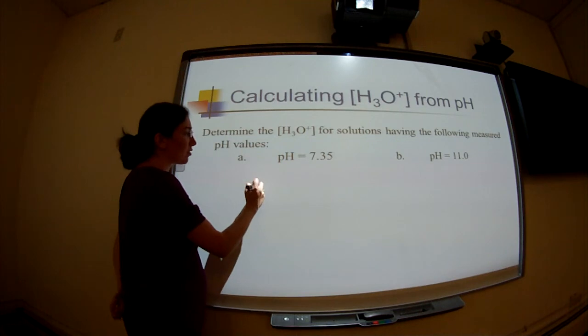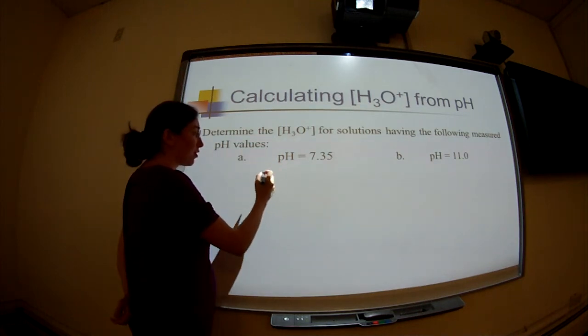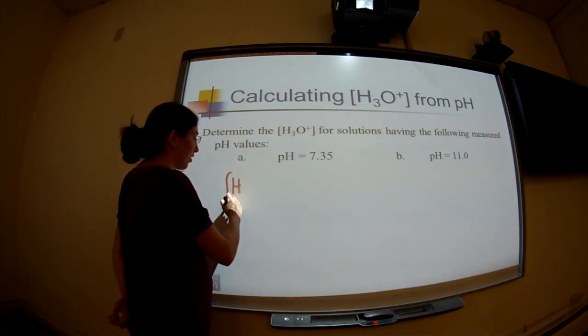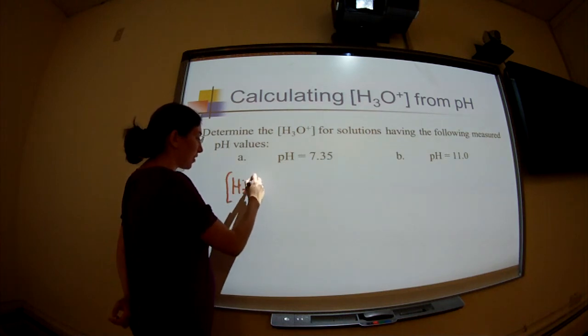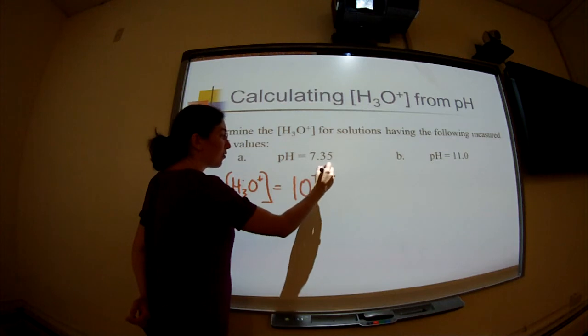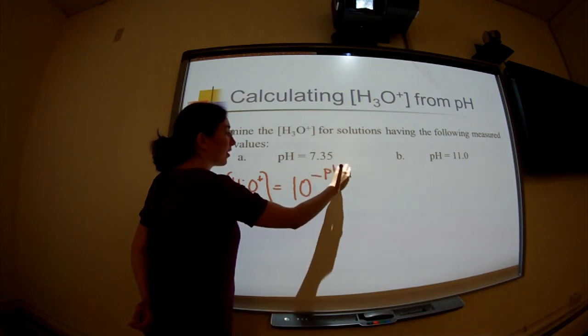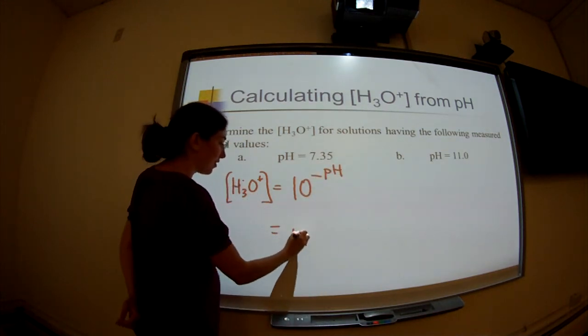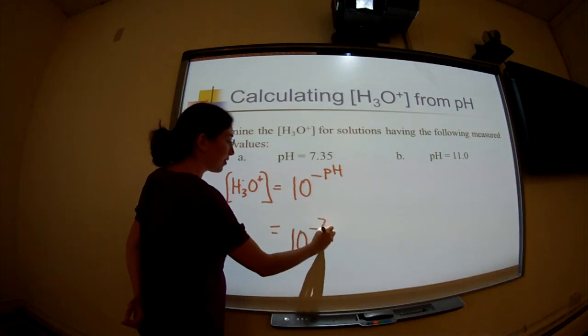Okay, so let's write down that equation. If we want to know the hydronium ion concentration, it's 10 to the negative pH value. All right, so in this case, 10 to the negative 7.35.